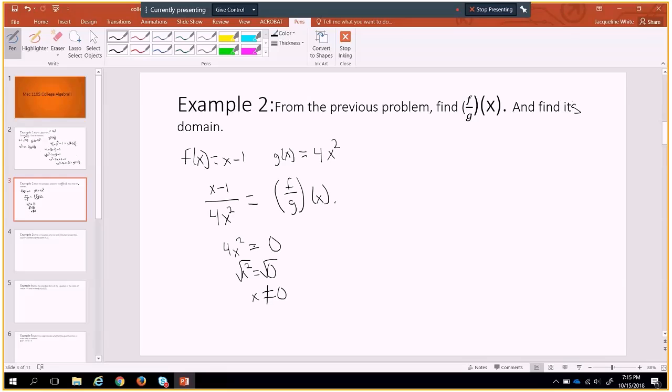Let's make it more obvious. If x cannot be equal to 0, that means it is not in the domain.